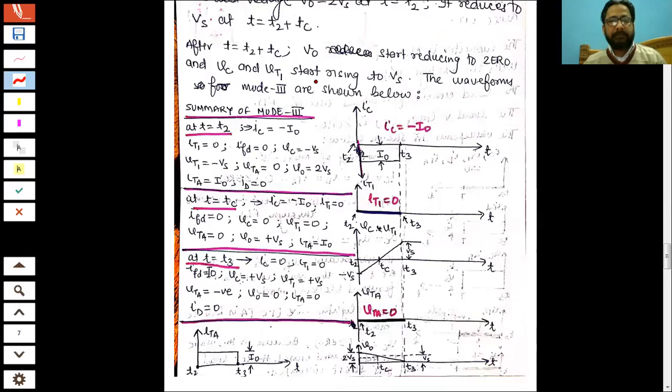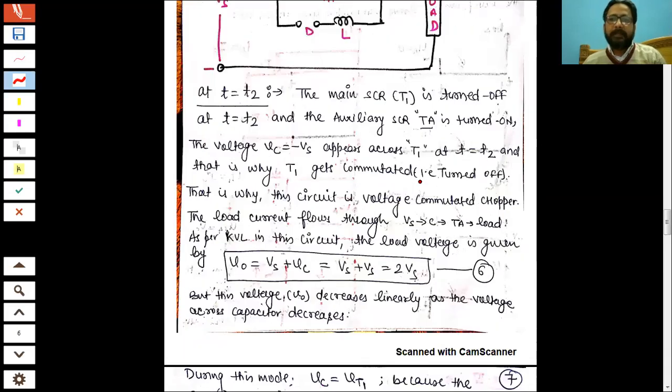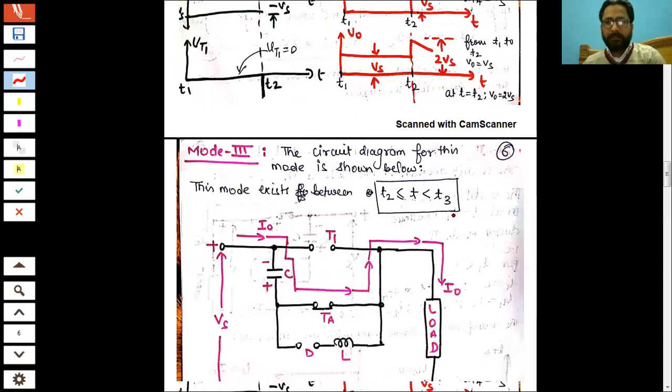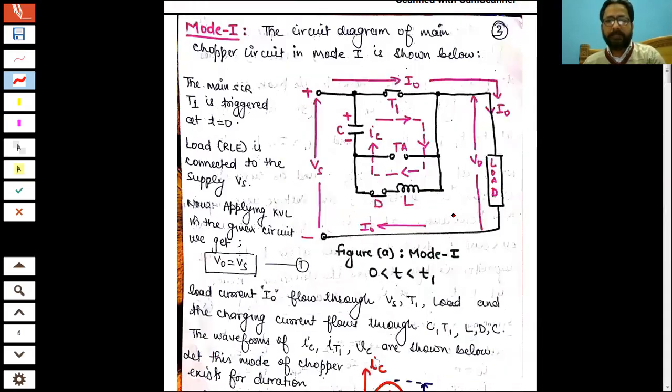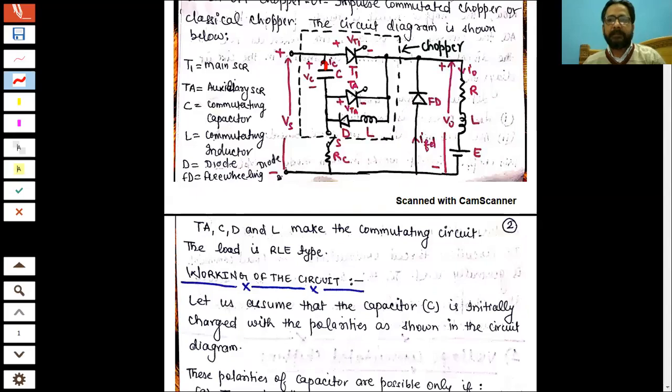So this is the summary of mode 3 here, okay, and these are the waveforms. IC is equal to minus I0. Now why is it minus I0? You can ask why it is minus I0, because if you come back to the main circuit of the chopper, the positive direction of IC is upward, okay.